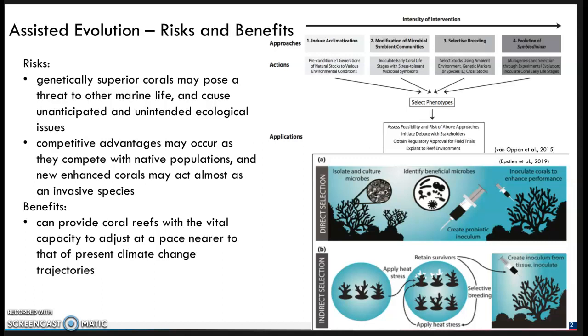And there are different levels of intervention. You can do selective breeding, where select stocks use an ambient environment and you kind of choose the best corals to reproduce. Or you can, as we previously discussed, modify the microbiome communities. Or you can even force evolution of the symbiote itself.